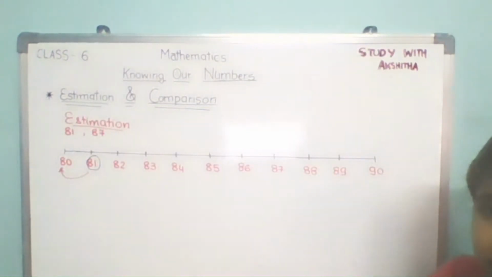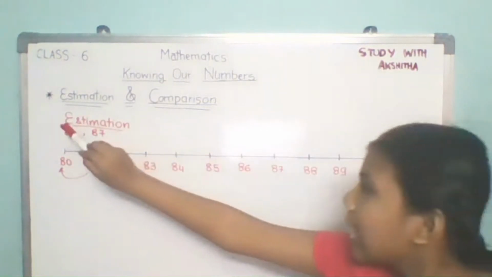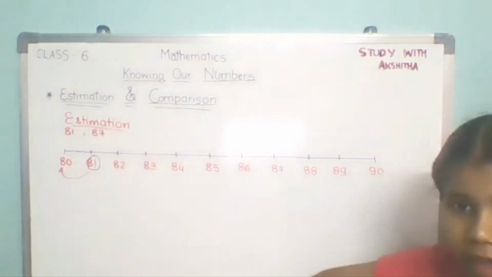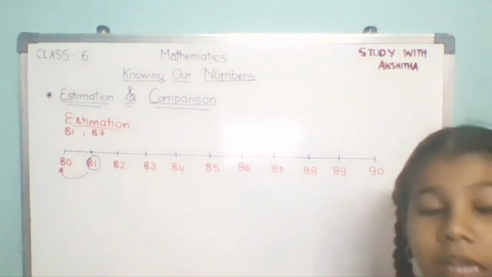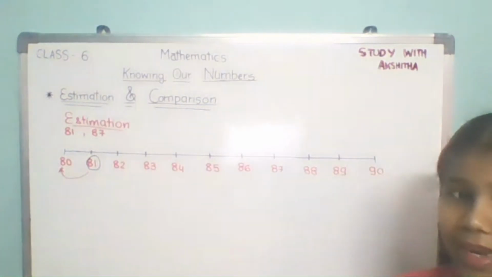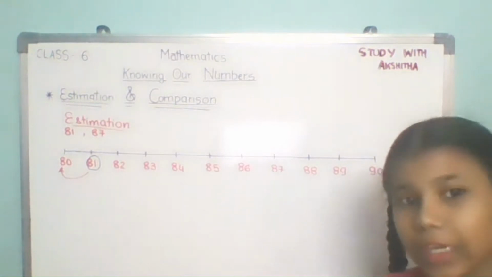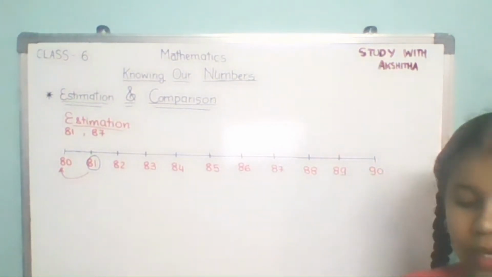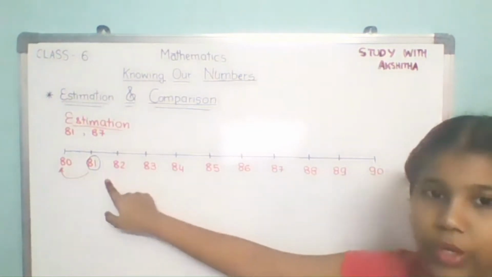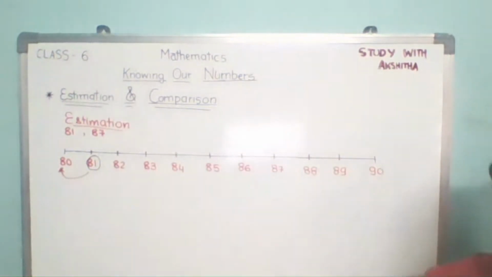So, let us take these two numbers, 81 and 87. Now, the first number, 81. So to check where 81 is nearer to, we need to first check where it lies. So if we check, 81 lies between 80 and 90.